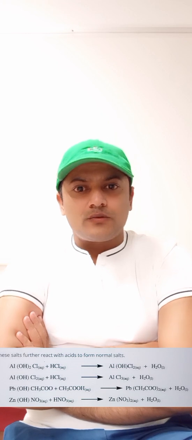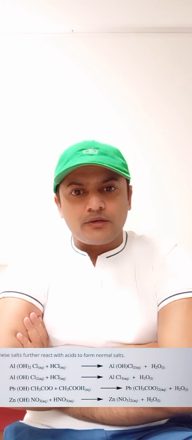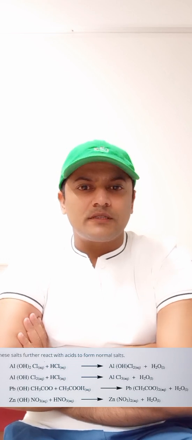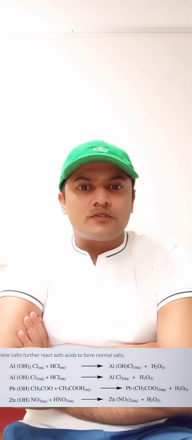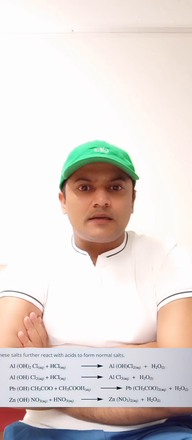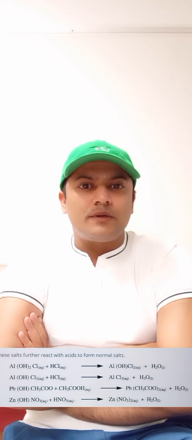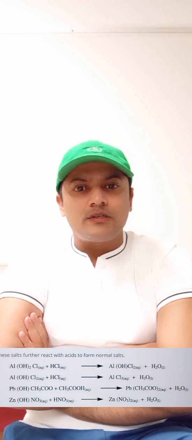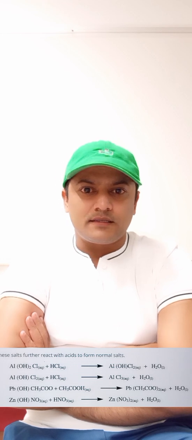So if we want to convert this basic salt into the normal one, we have to react it with 2 further moles of acid. In that case, the resulting product will be a neutral salt at the end, as we have the complete neutralization reaction between the basic salt and the acid.